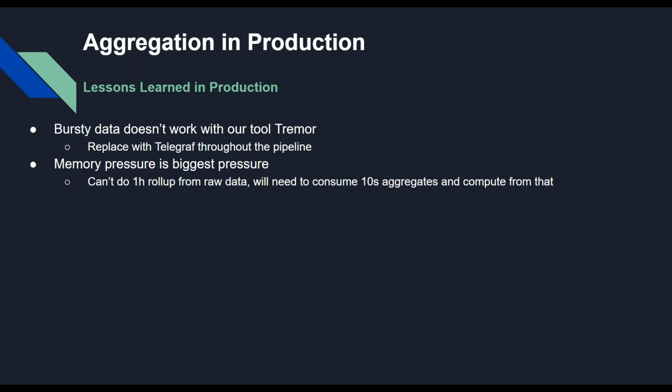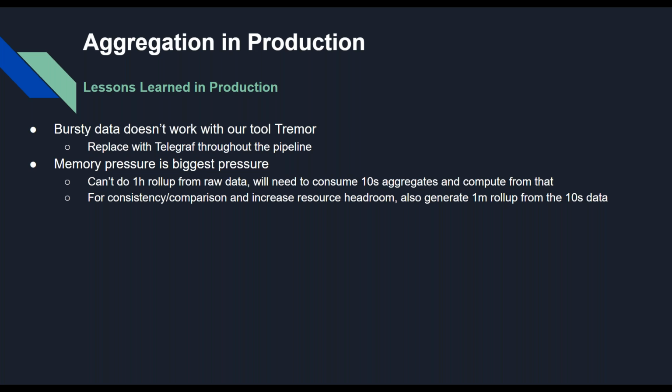And our question was for the minute-based aggregates, whether we'd use raw data, which we could barely manage at that window, or if we'd go with the 10 seconds. For consistency and being able to compare what we have at the 1 hour and the 1 minute, we went with both using rollups of the 10-second aggregates so that they would be able to compare against each other as a way to make sure that neither pipeline was having issues.